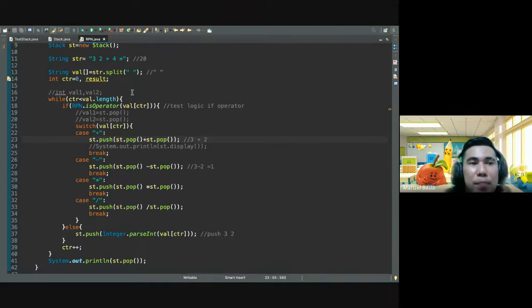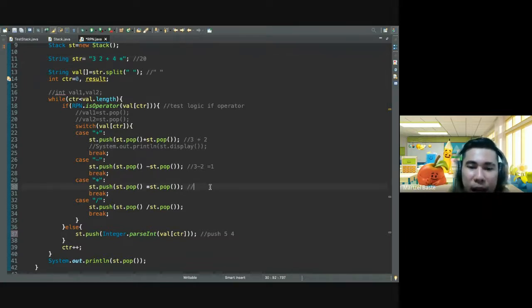After popping, then another push operation, which is 4. So it pushes, so 3 and 2 are gone. So we have here what was stored earlier, 5, and then 5 here. Okay, and then next is 4. Okay, then next it reads multiplication.